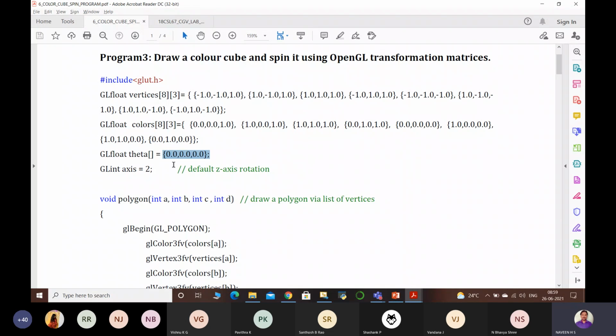As I said, I'm going to spin my cube with respect to the center, nothing but the origin. That's why your theta will be 0 0 0. And axis value is equal to 2. This is the rotation axis, meaning the speed, how much speed your cube is going to spin.